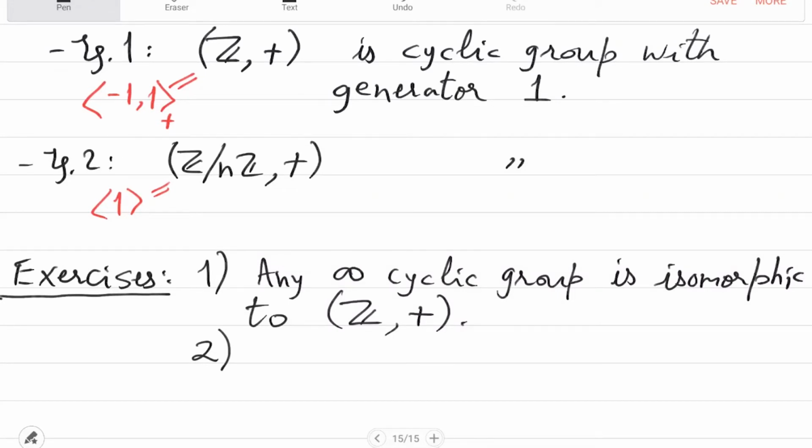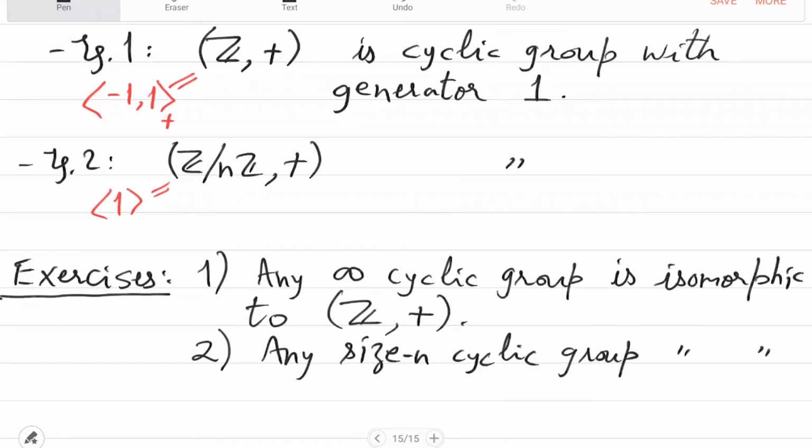And what about a size n cyclic group? Isomorphic to what? Permutation? No. Just the second example, Z mod n. So any size n cyclic group is isomorphic to Z mod n. I may say nZ or I may say the ideal n, it's the same thing.